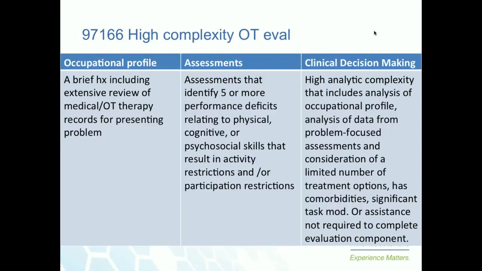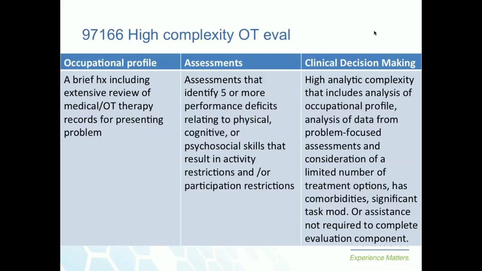97167 is the high complexity OT evaluation. It includes a brief history including extensive review of medical and/or OT therapy records for the presenting problem, assessments that identify 5 or more performance deficits relating to physical, cognitive, or psychosocial skills resulting in activity limitations and participation restrictions.